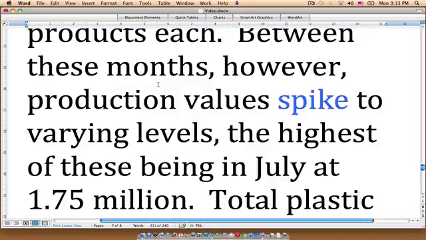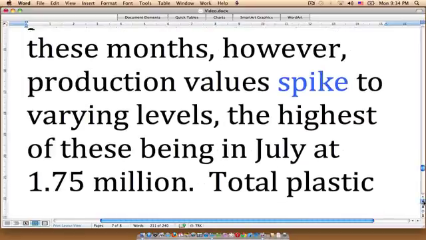If the company had a plunge in sales, their sales would go down very drastically. But a dip would be that they went down a little bit. And a modest decrease would be to go down a very little bit. So spike to varying levels, the highest of these being in July at 1.75 million.